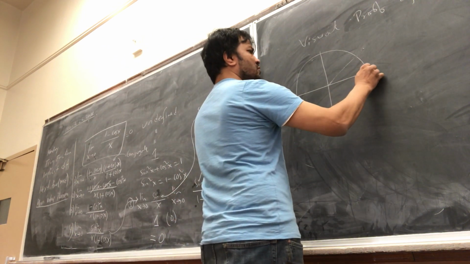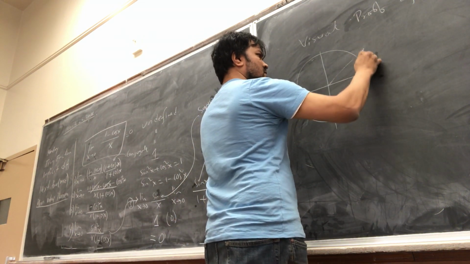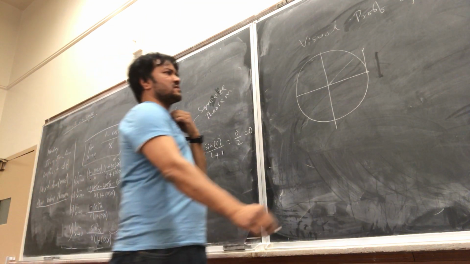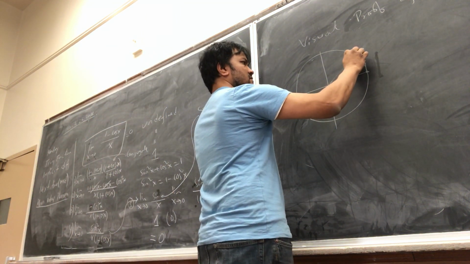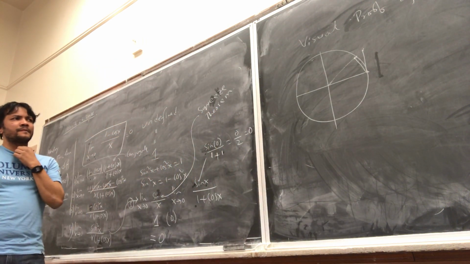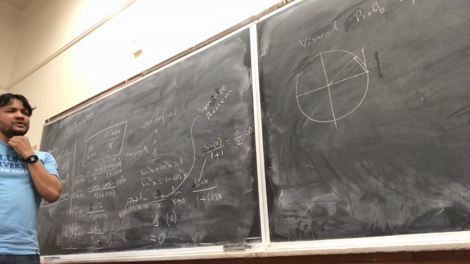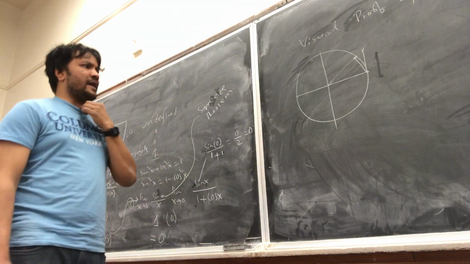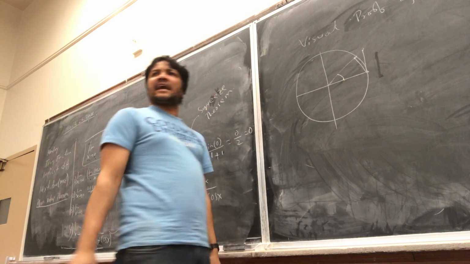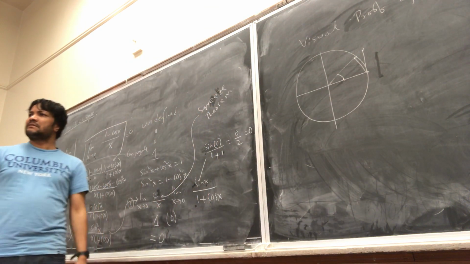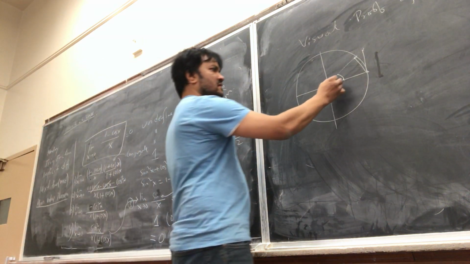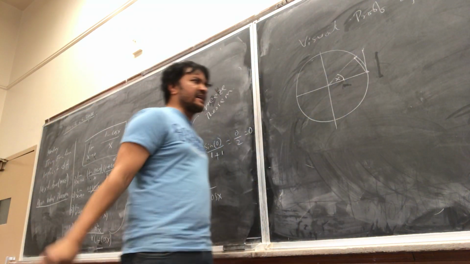Let's join these 2 points, and let's join these 2 points. Do you see that? Okay. This is an angle. What should we call the angle? It's a convention to call it theta, but let's call it x. It's also a convention to call it x.